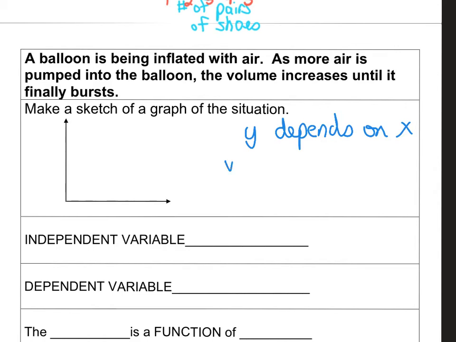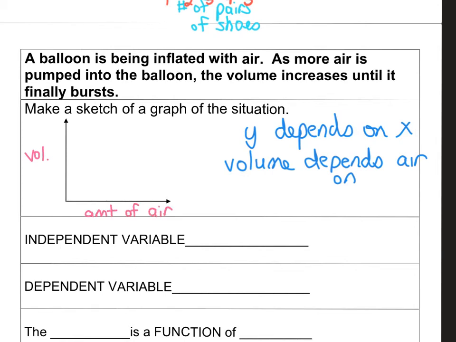Well, the volume of the balloon depends on how much air we put in the balloon. So volume would be my y, the amount of air would be my x. So let's go ahead and label volume, amount of air.